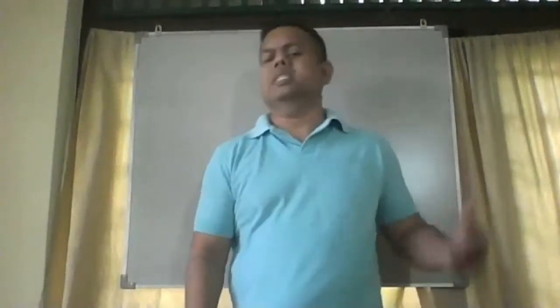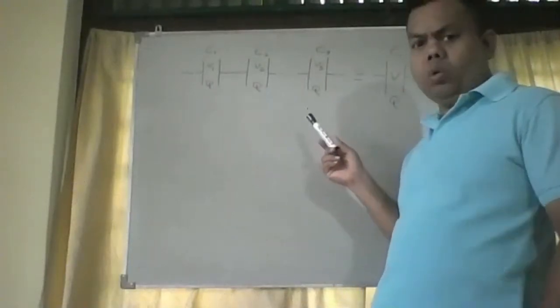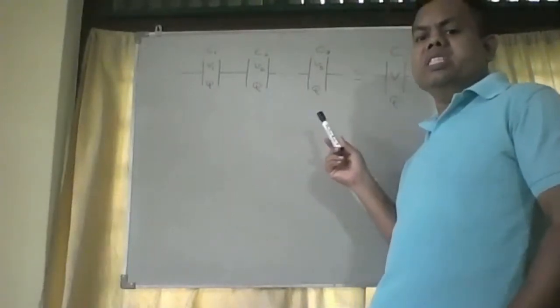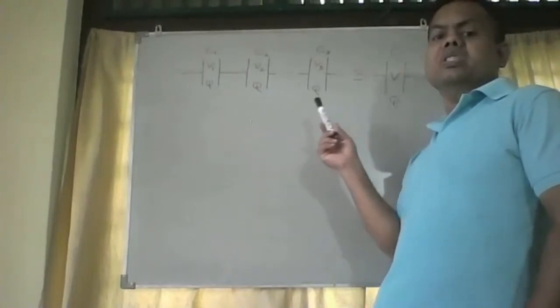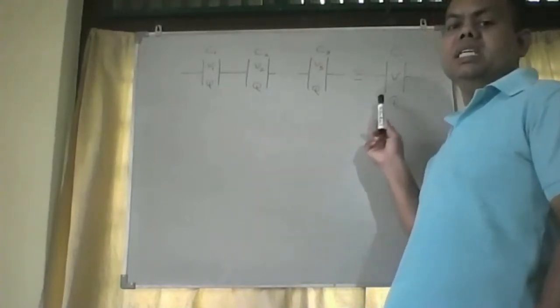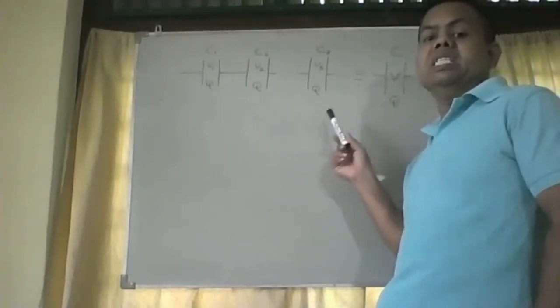Combination of capacitors. Series combination. When connected in series, all the capacitors have the same charge and the potential difference across the combination is the sum of the potential differences across each.